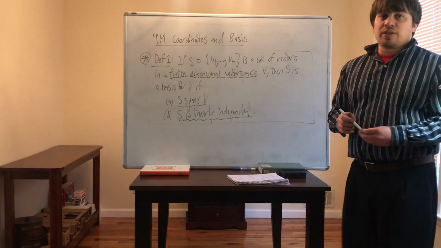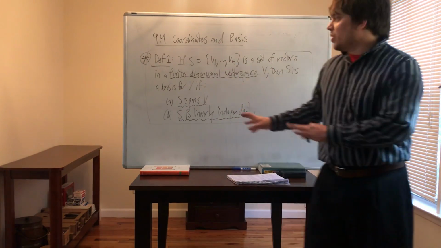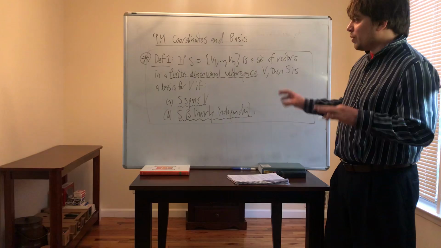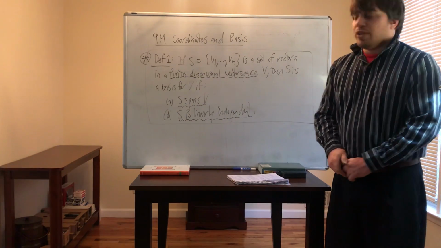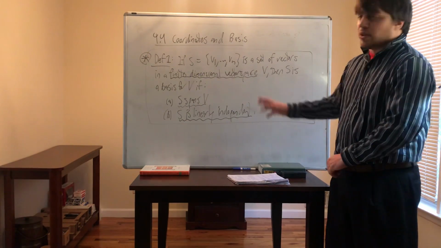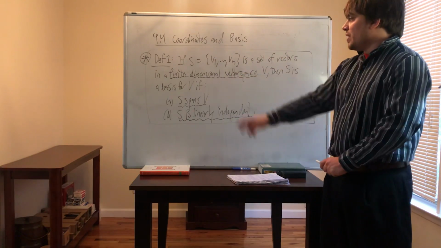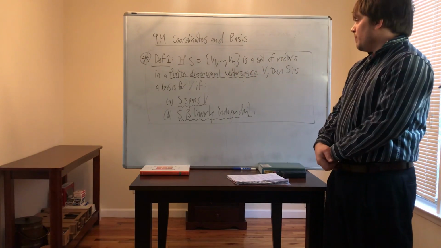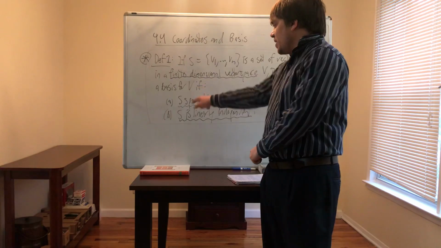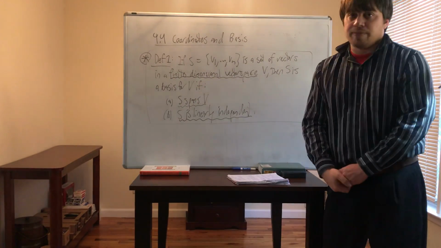Those three things are supposed to be understood before this definition. So if a set S is a set of vectors in a finite dimensional vector space V, then S is a basis for V if S spans V and S is linearly independent.